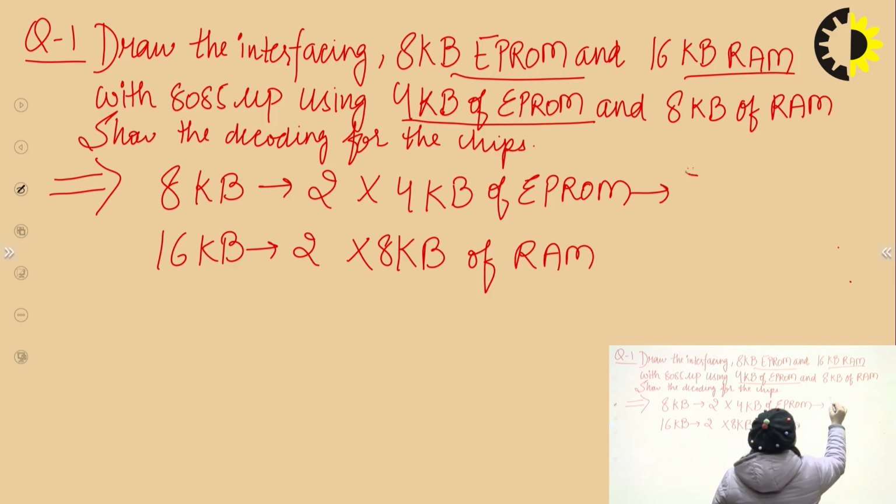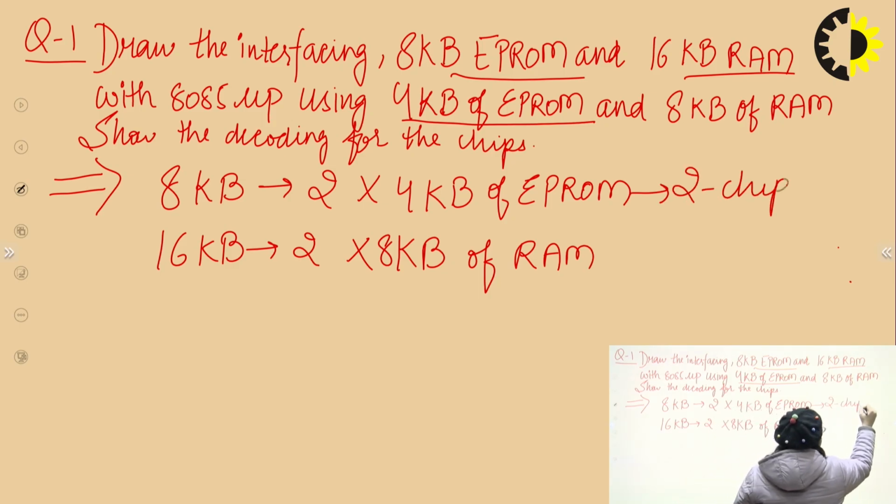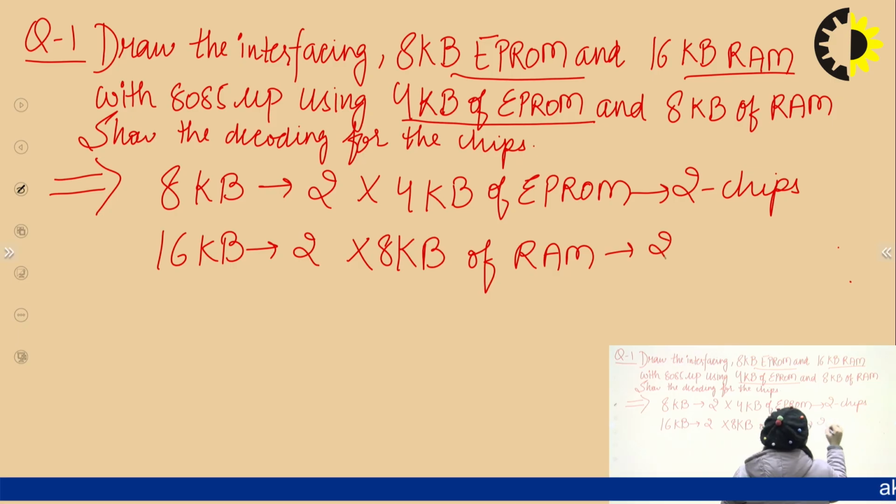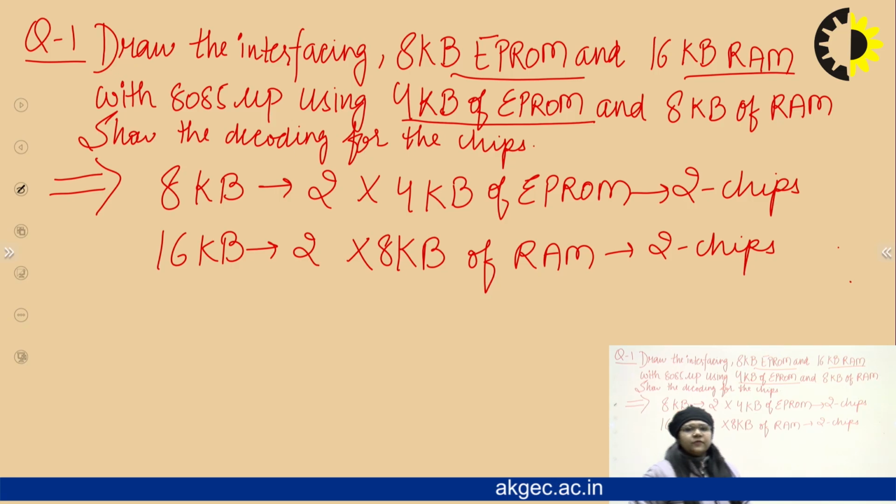So 2 chips here and 2 chips of RAM. So a total of 4 memory chips are required here: 2 for EPROM and 2 for RAM.